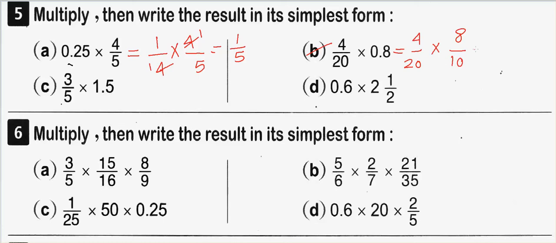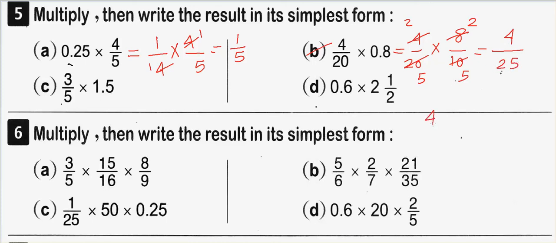We can simplify 4 and 10: both of these numbers are divisible by 2. 4 divided by 2 equals 2. 10 divided by 2 equals 5. Also 8 and 20, both of the two numbers are divisible by 4. 8 divided by 4 equals 2. 20 divided by 4 equals 5. We multiply numerators and denominators. 2 times 2 equals 4. 5 times 5 equals 25.